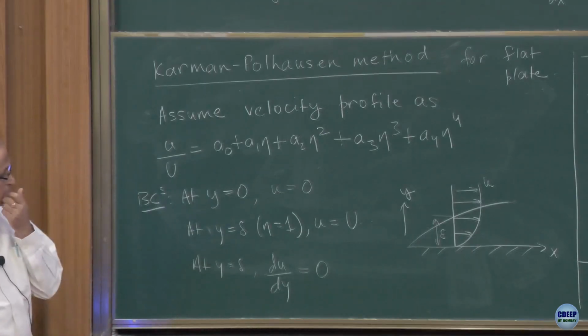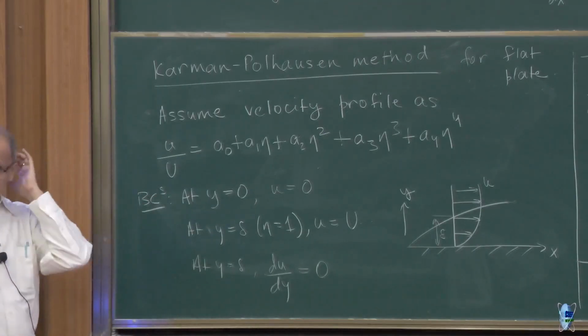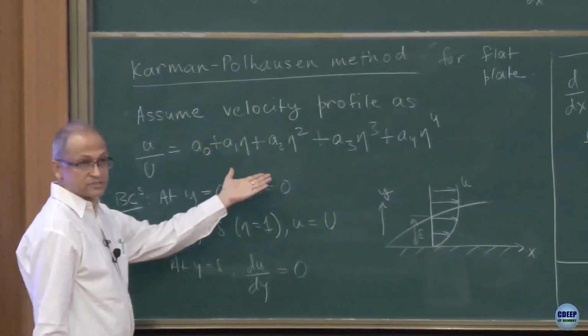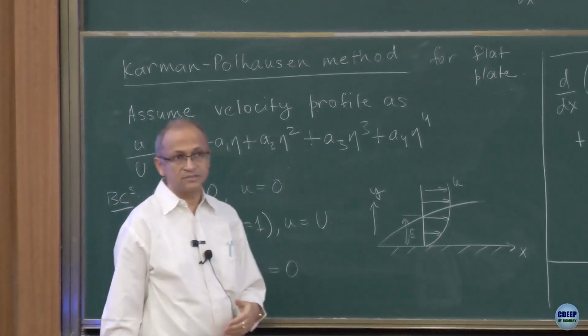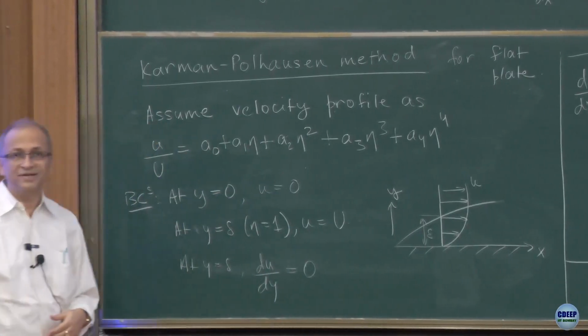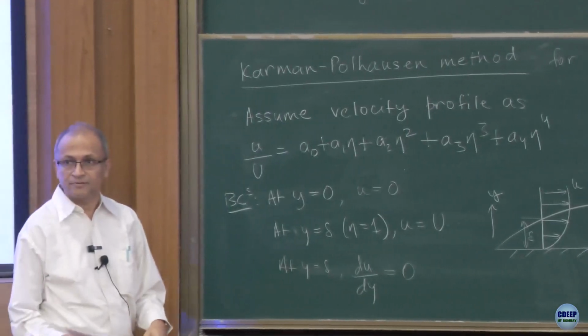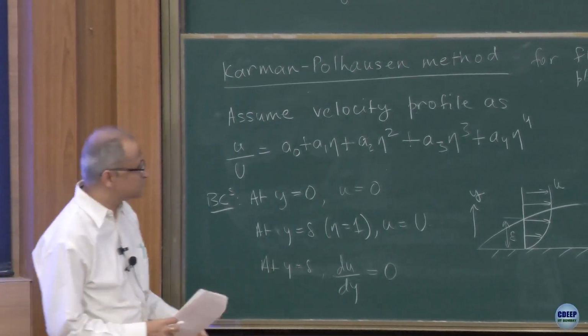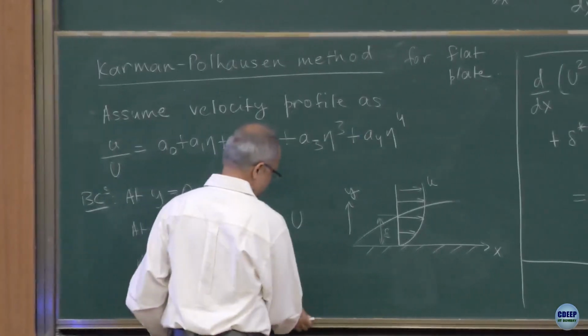You can see that these are the conditions that I can give, but I need 5 conditions. I only have 3 conditions. So I still need 2 conditions. That's a condition that we can use.